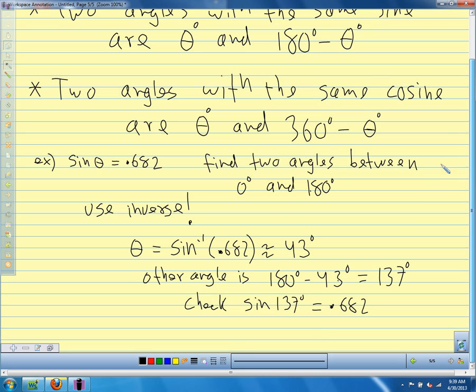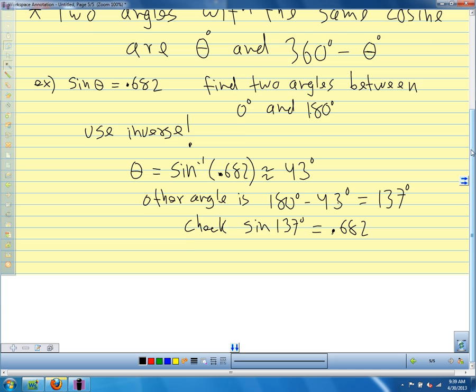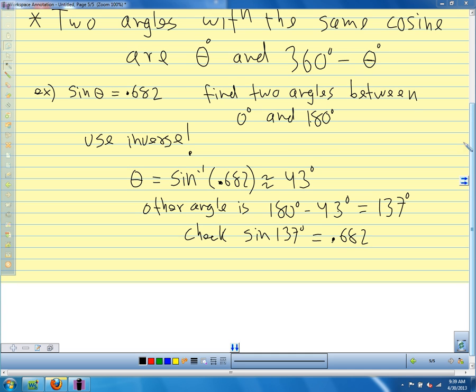You plug that in your calculator and check, you'll see that the sine of 137 is 0.682. So the two angles that have a sine of 0.682 are 43 degrees and 137 degrees. Questions on that one?